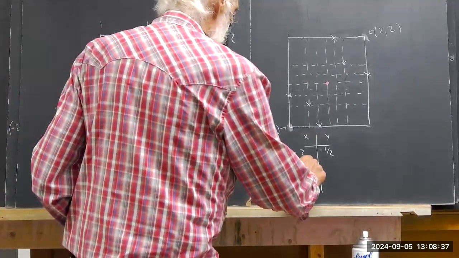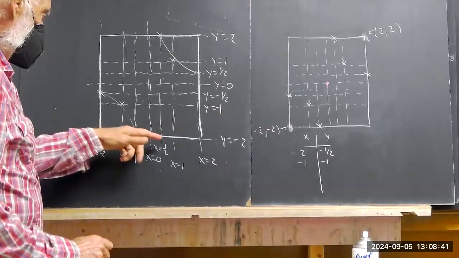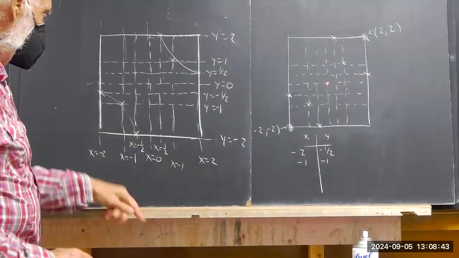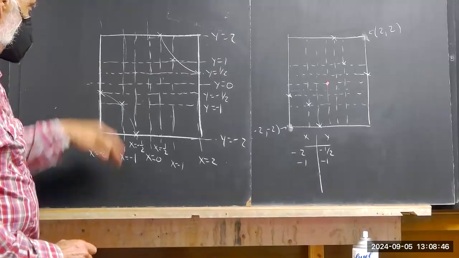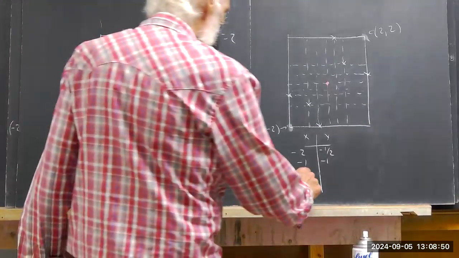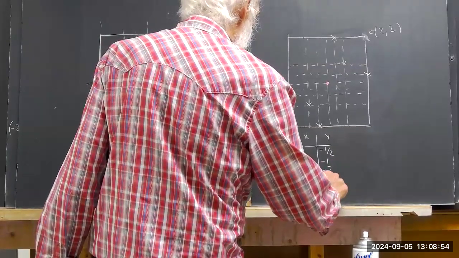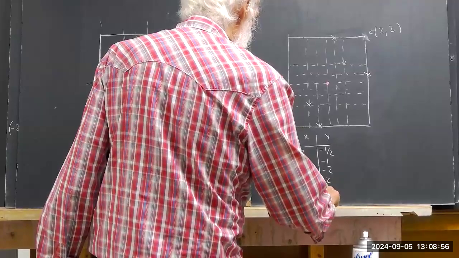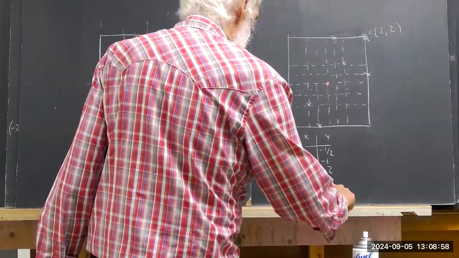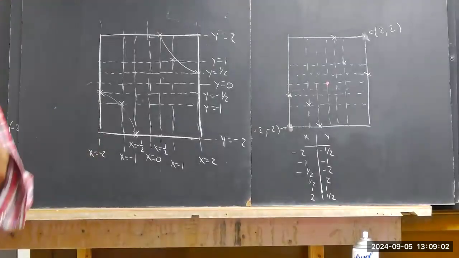So you got -1, -1. And there you got x equals -0.5, y equals -2. And there are the rest of your values.